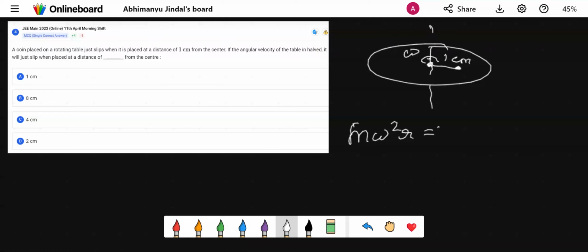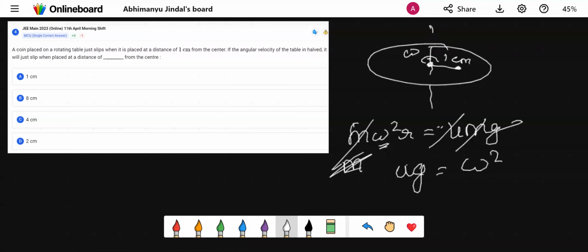If the angular velocity, wait, I think I'm kind of confused on something here. So m omega square r is necessary for it to rotate in circular motion, and mu mg remains constant, right? So mu mg is constant. So what I mean to say is mu g is constant, which is omega square r.